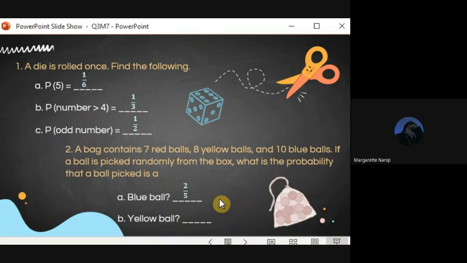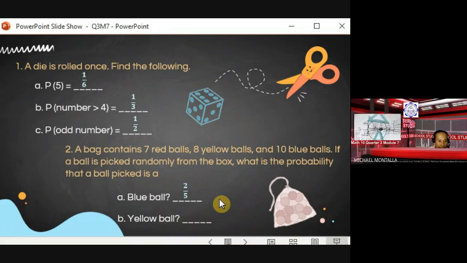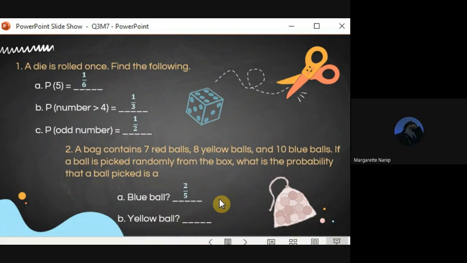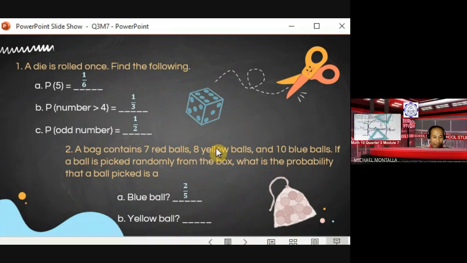Focus ka lang 8 sa over yellow. 25 po. Louder, please. 8 over 25 po. Let's check. Correct answer is 8 over 25. Your answer is correct. Congratulations. Very good. Okay? So that's it. You got it correctly. Do we have lowest term for 8 over 25? No, none. Because there is no common factor here.